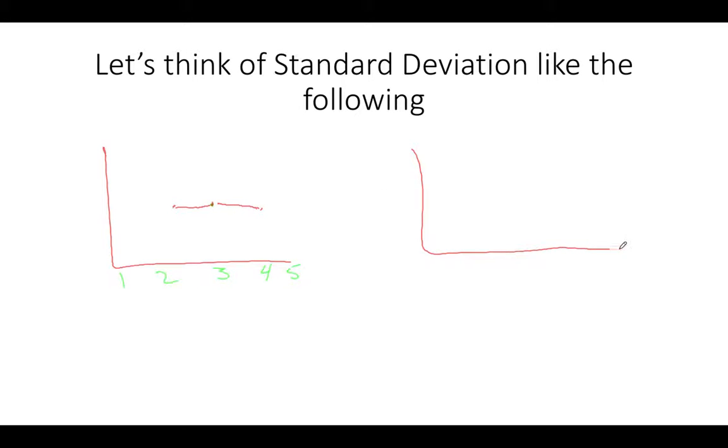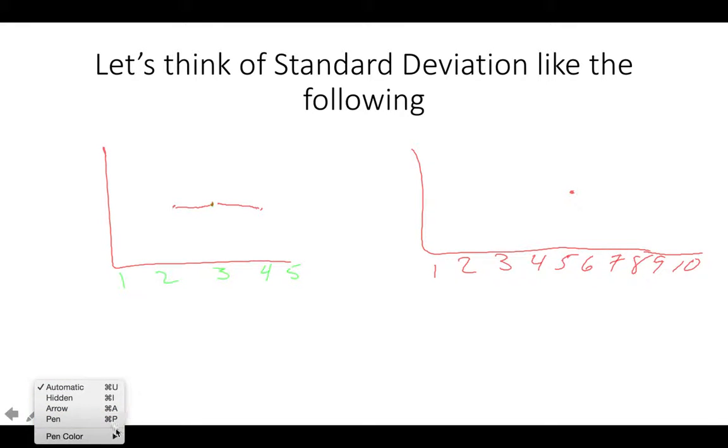But now let's draw a different distribution where we have our scores 2, 3, 4, 5, 6, 7, 8, 9, and 10. My average in this other example was a value of 5, so here's my average in that case. Now I'm going to draw my values. I'll change to green. I had a value of 2, a value of 3, and a value of 10. From this value to that value, not too much distance, but look at all that distance we're covering here.